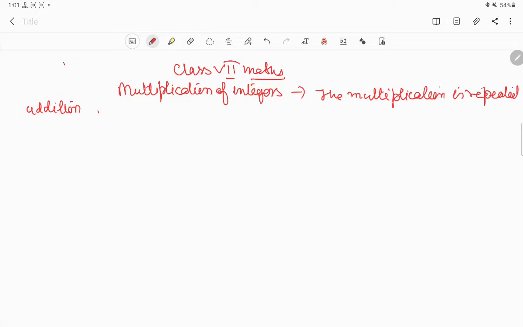For example, suppose 5 into 2 is equal to 5 plus 5, or 2 added 5 times, that is 2 plus 2 plus 2 plus 2 plus 2. The answer comes the same, that is also 10, and this is also 10. So we can say that multiplication is the repeated addition.